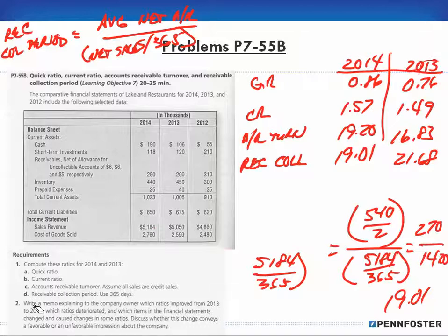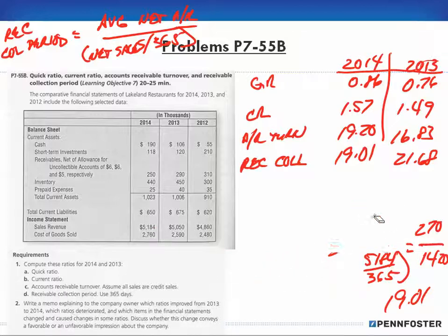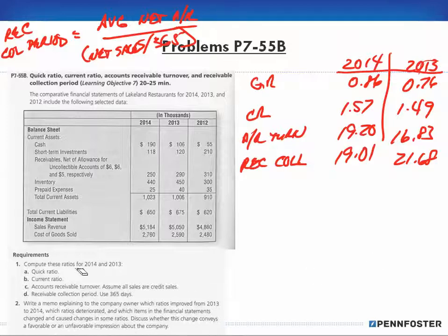Okay, so now it says, write a memo explaining to the company owner which ratios improved from 2013 to 2014, which ratios deteriorated, and which items in the financial statements changed and caused changes in some ratios.